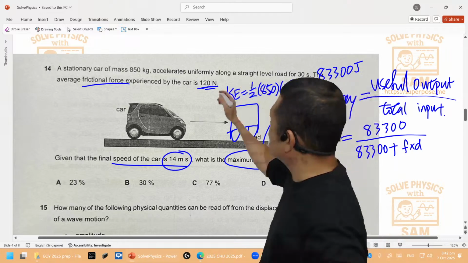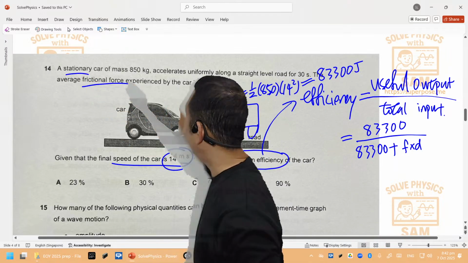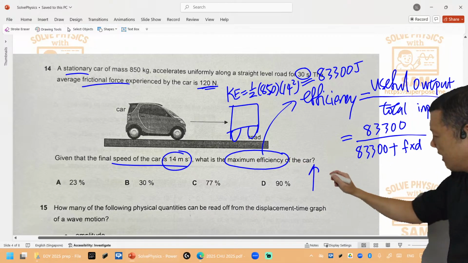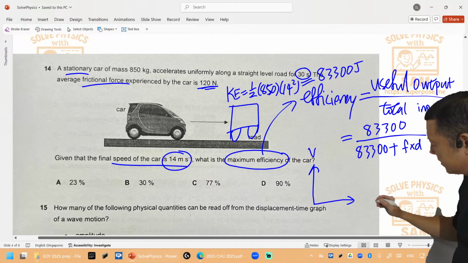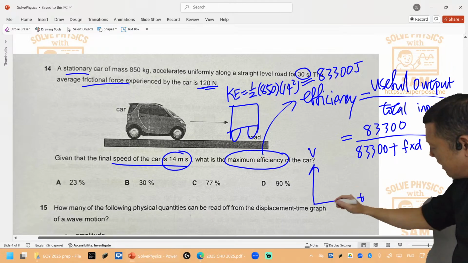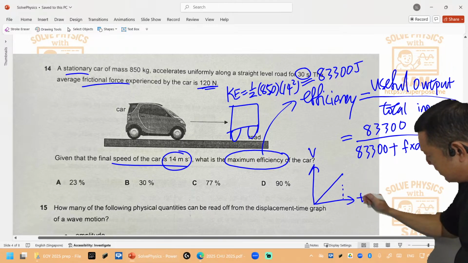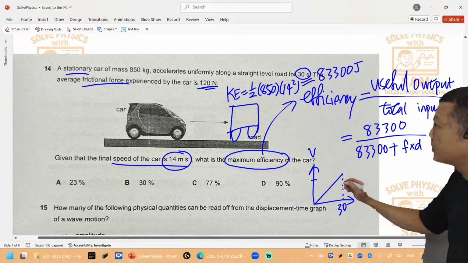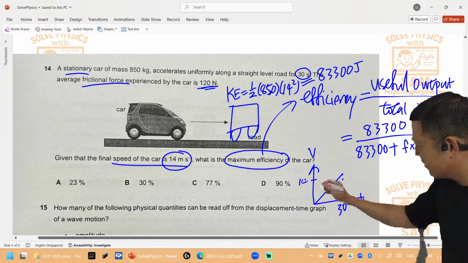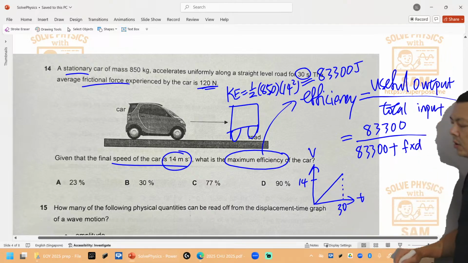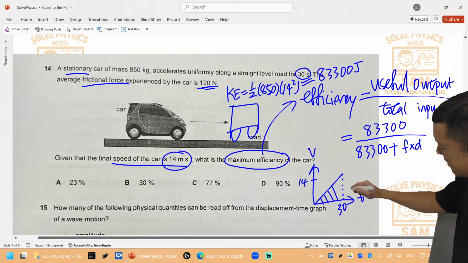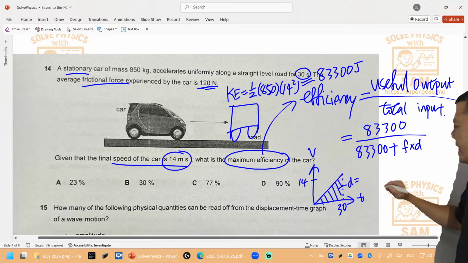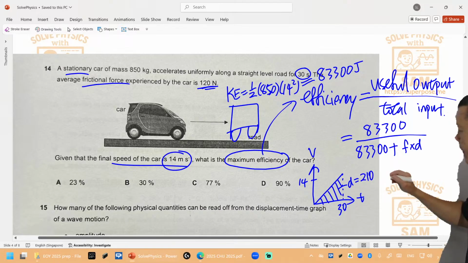It tells you that it starts from rest and it's accelerating for 30 seconds, which means that the VT graph will look like that. This is 30 seconds. Maximum speed is 14. So the distance traveled is the area under, which is 7 times 30, 210 meters.